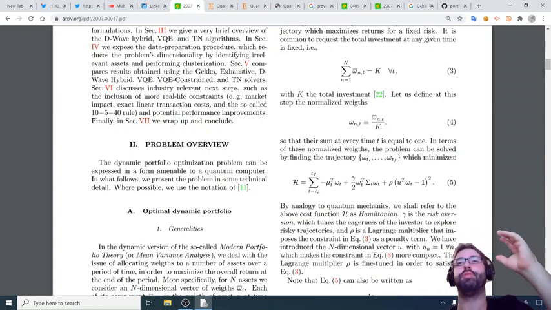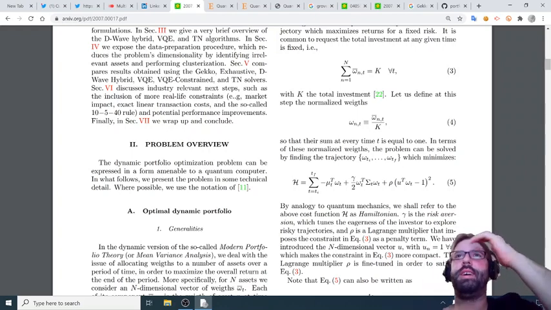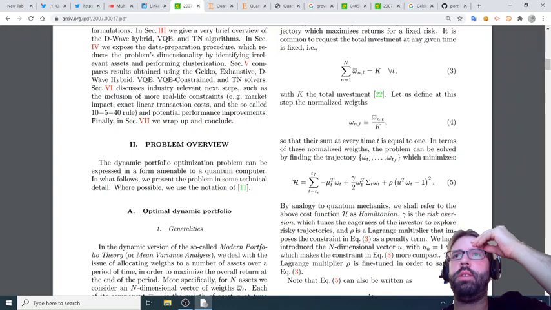I feel I'm just reading and not thinking, you know. So forget about the square part. That's just to make it a bigger constraint. So rho is a Lagrange multiplier that imposes the constraint in equation 3.